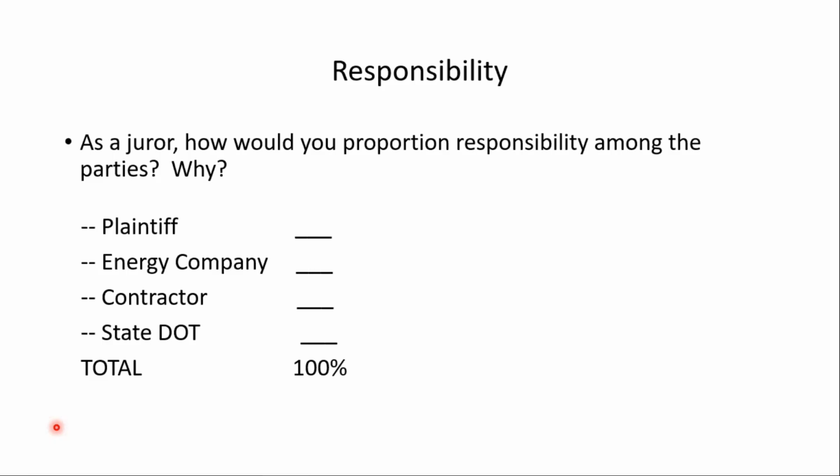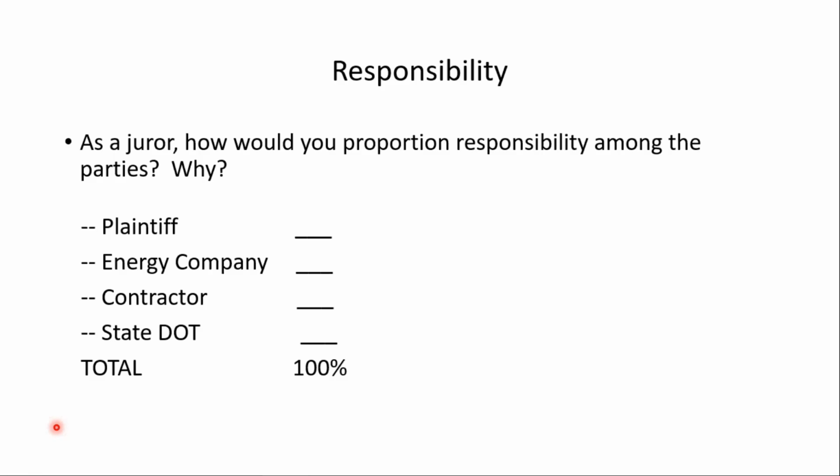All right, let's see what we've got here. We've got 5, 10, 66, 20. We've got 50-50 between the contractor and the state DOT. We've got 10, 40, 40, 10. 33.33% for each defendant. Oh, I think they had more thought for that.